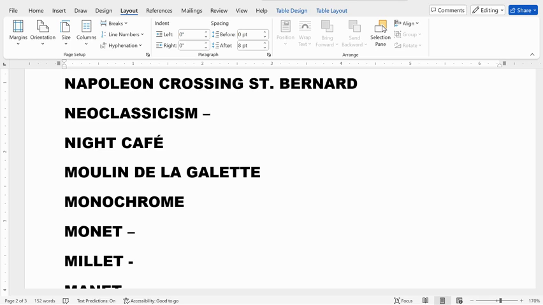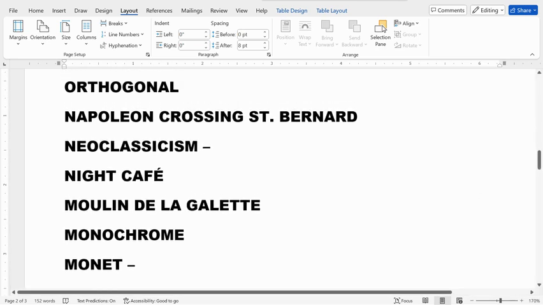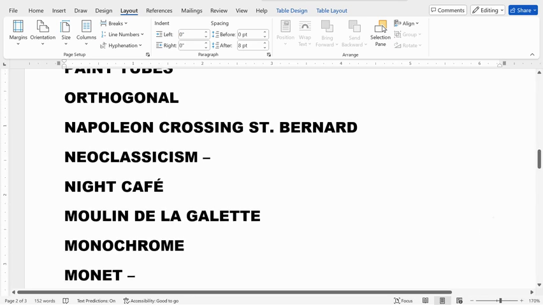I can't remember what's on the slide ID, but if it is, just know the basic slide ID info. The term orthogonal pops up on the test. You should know what it is.